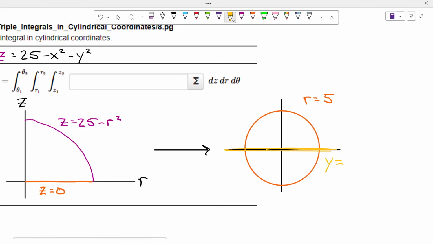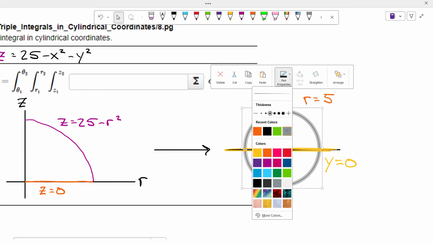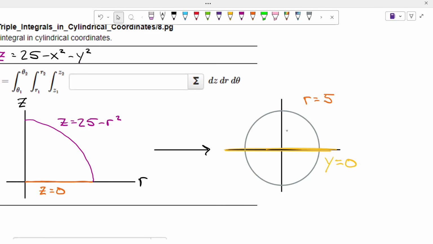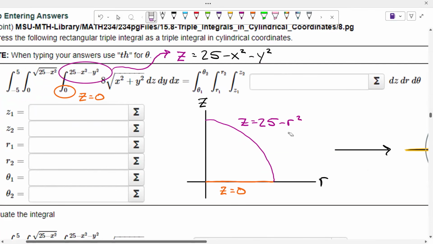So if I sketch in y equals 0 here, and y equals 25 minus x squared. I actually don't like the way all this color is coming together. There's too much of it. Let me change that r equals 5 circle to gray. And let me mark this one in. How about green? How about blue?